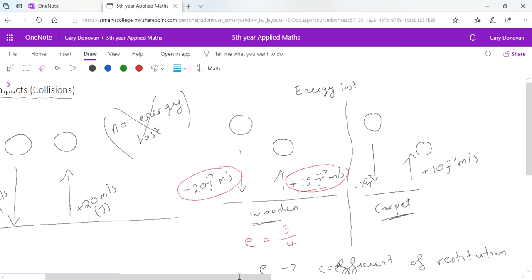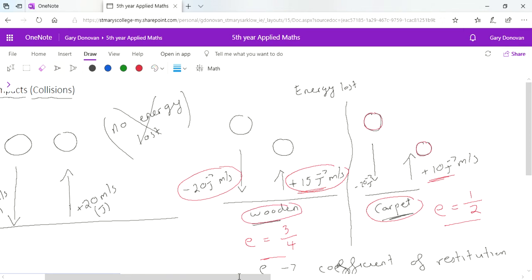In this case, the ball kept half of its original speed, so the coefficient of restitution would be a half. And this value of e changes depending on what type of surface the ball is dropping on, and also what the ball is made out of.